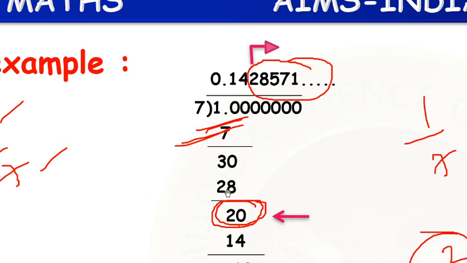So what is the quotient? 7 4 times 28, so 20 is the remainder. Again 14, 7 2 times 14. Means when 30 is the dividend and 7 is the divisor, the quotient starts from 4.